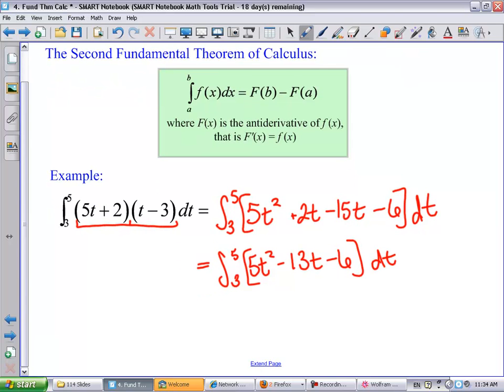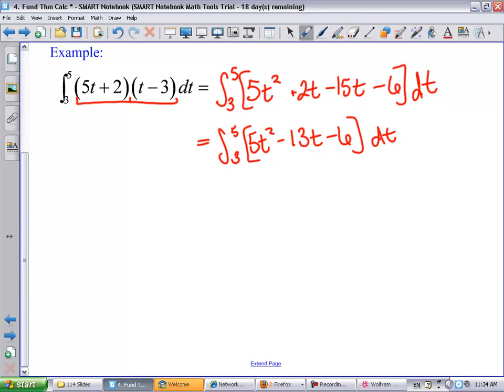Now the advantage to doing that is when things are separated by addition or subtraction, you can do the antiderivative of each piece separately. The antiderivative of 5t squared is 5t cubed over 3, minus the antiderivative of 13t, which is 13t squared over 2. We're just bumping up by 1 and dividing by it. Minus the antiderivative of 6, which is 6t.